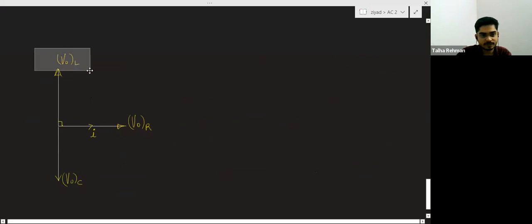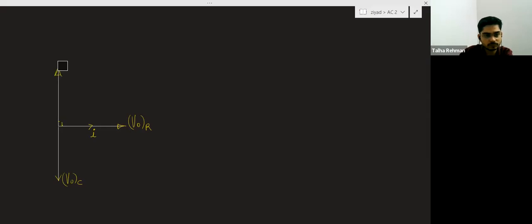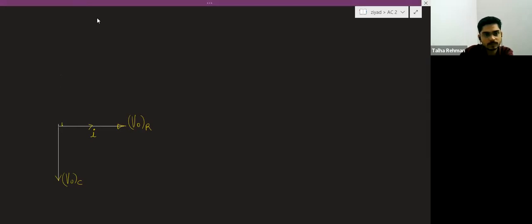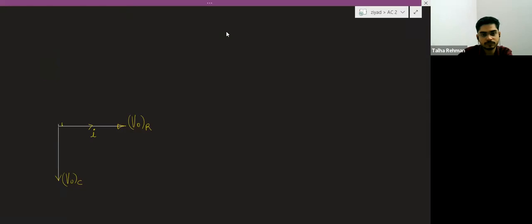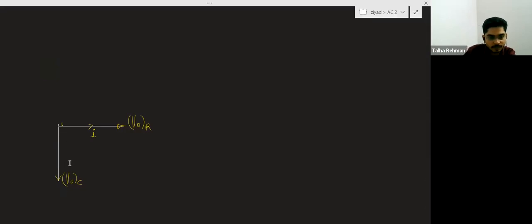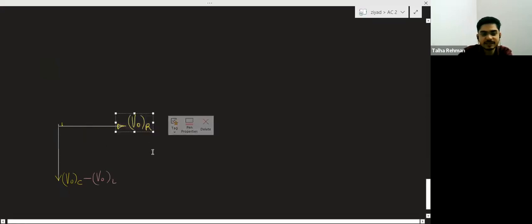Actually, this time, this diagram will be like this. So here we will have V naught C, V naught L. You can see that here this is one vector in this direction, one vector in this direction, having the angle pi by 2.